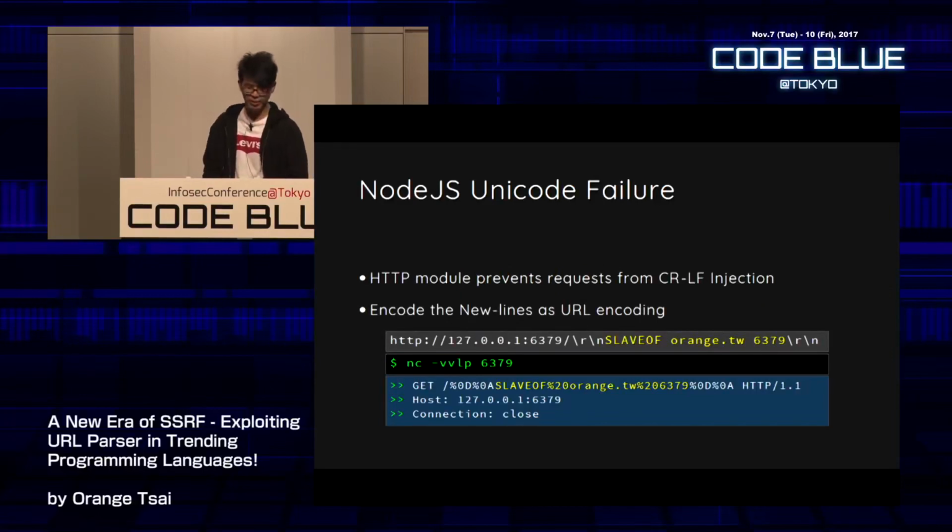This technique can also be applied on protocol smuggling. Originally, the HTTP module prevents users from CRLF injection. The HTTP module will encode the new line as percent encoding. So if we inject a new line in the path, our smuggling will fail.